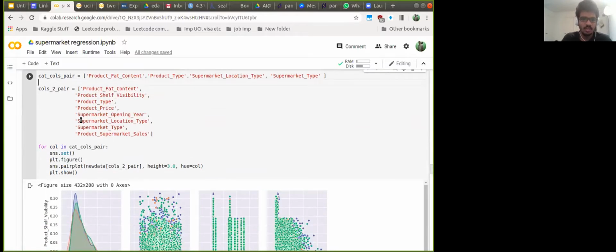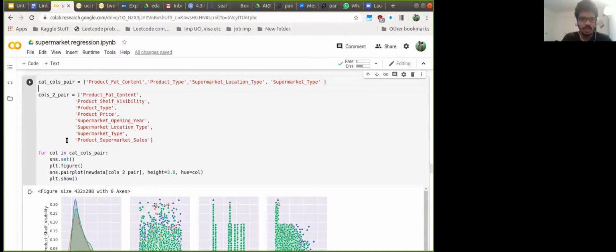Now for the really interesting part. So now we're moving on to the pair plot. I'm using Seaborn for plotting, and pair plot is a very powerful tool for data visualization.